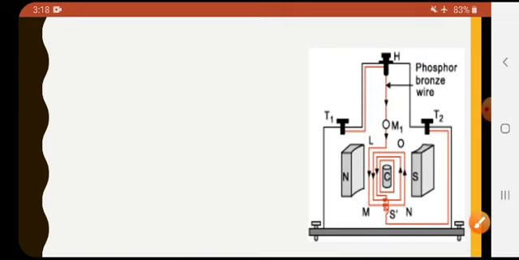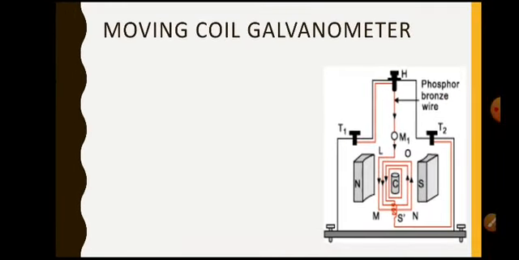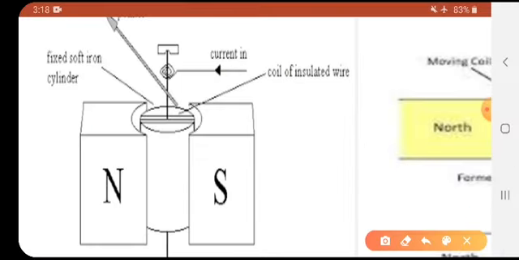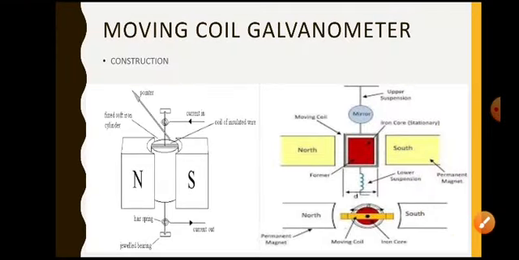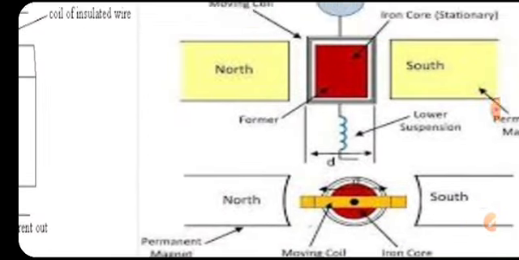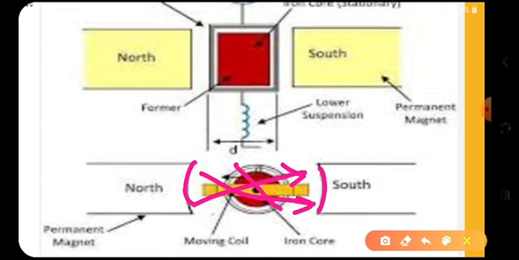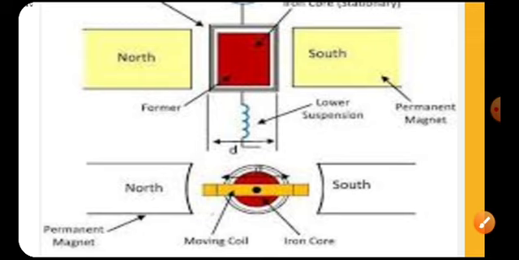Alright, these magnetic poles are concave in shape. Due to this concave shape, it produces a radial and high intensity magnetic field.